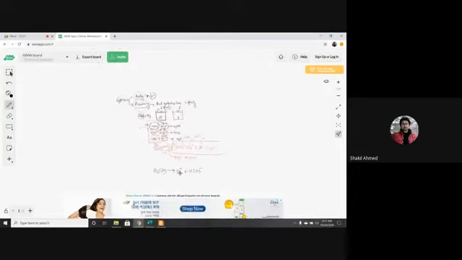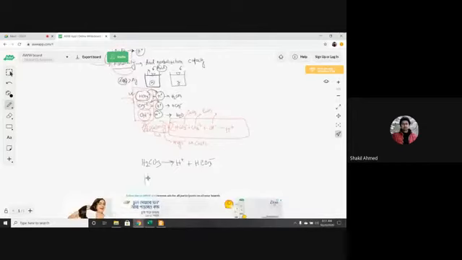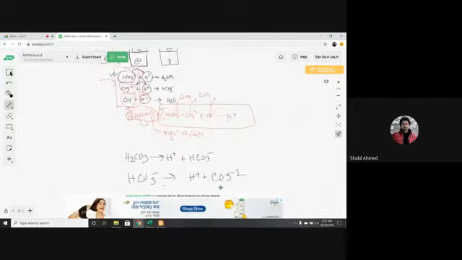Now this bicarbonate ion can also dissociate to give you hydrogen ion and carbonate ion. Remember, this is bicarbonic acid. This gives you hydrogen ion and bicarbonate ion, and this bicarbonate ion itself gives hydrogen ion and carbonate ion.